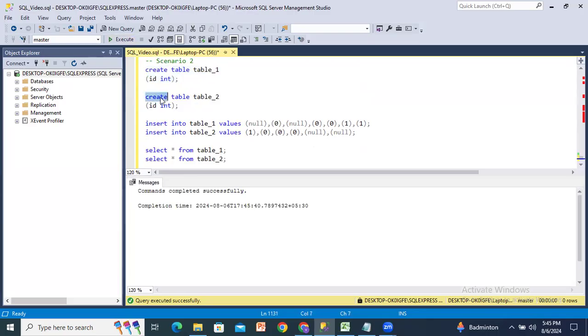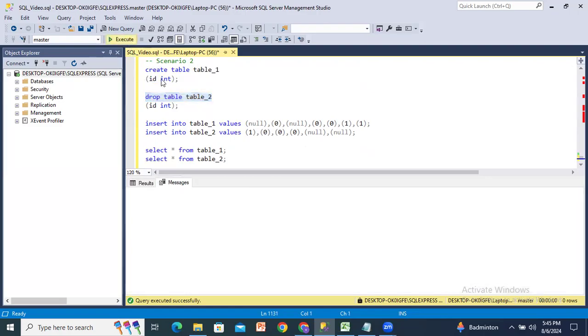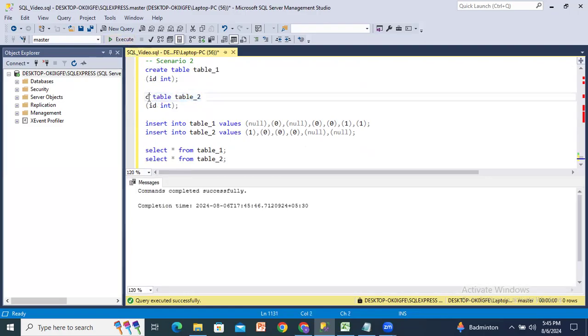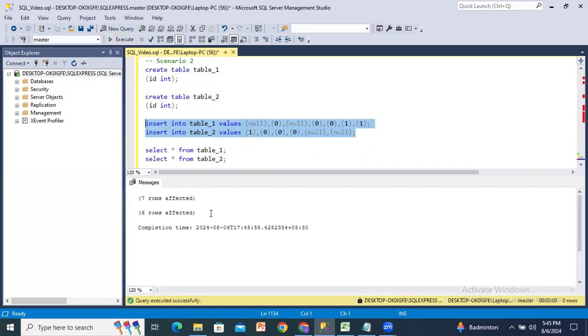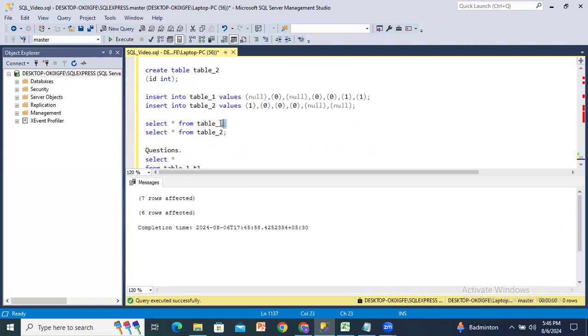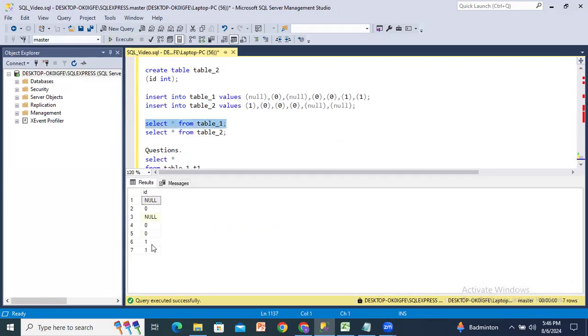Next, drop table 2 and create table 2, and insert these values. Okay, 7 rows, 6 rows. First table 1, okay, and table 2, this one.